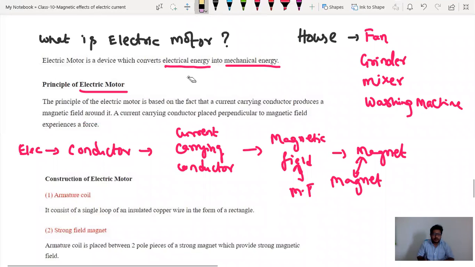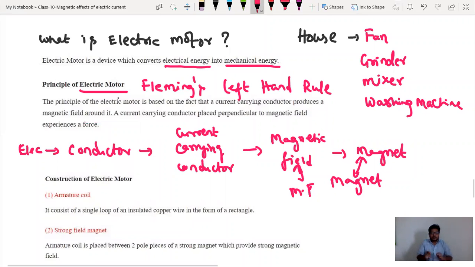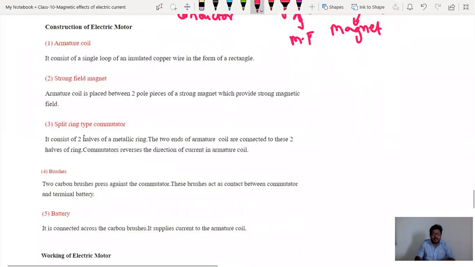It will experience a force. That is the concept. Or simply to say, electric motor works with the principle of Fleming's left hand rule. Whatever it may be the answer, correct. Straight away you can write electric motor works with Fleming's left hand rule, that is correct, or you can write this paragraph 2.